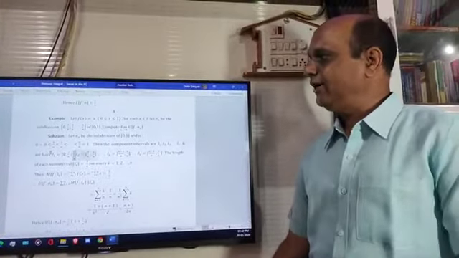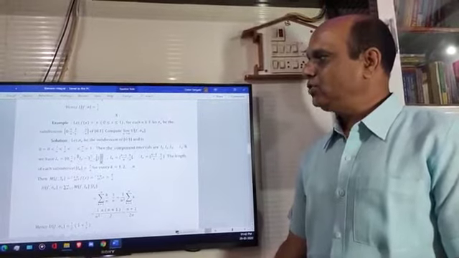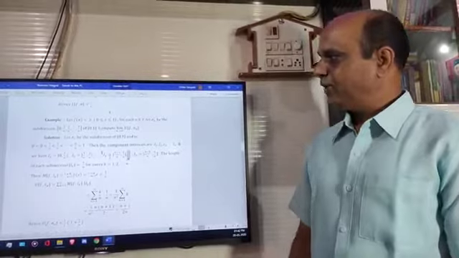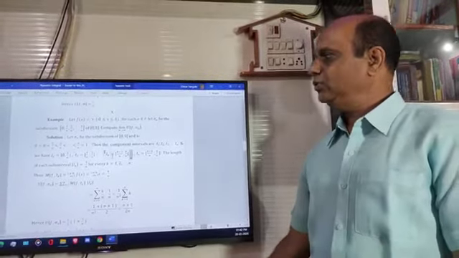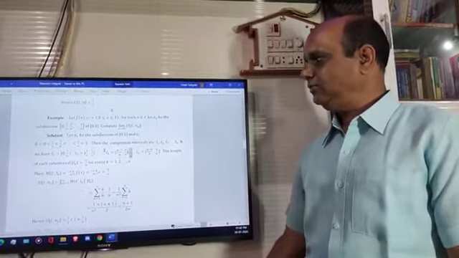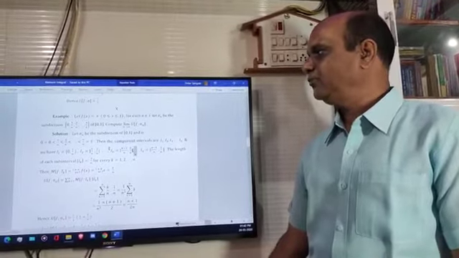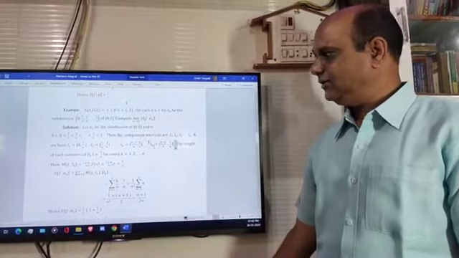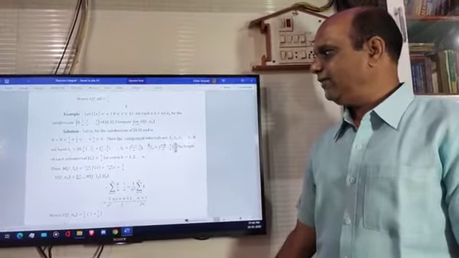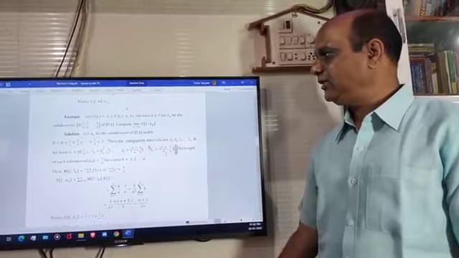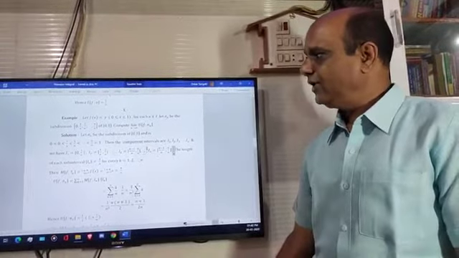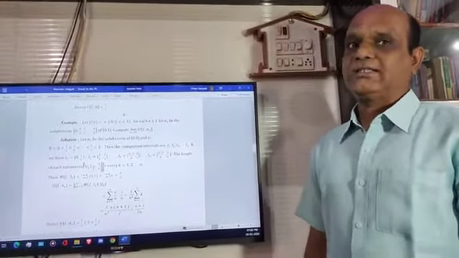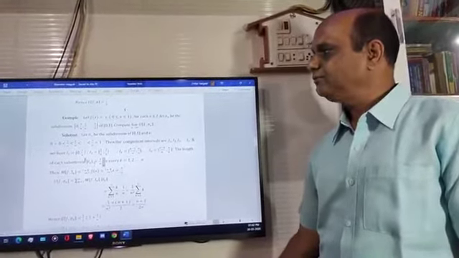The second component interval I2 is the closed interval 1 by n, 2 by n. In this way, we have the kth component interval ik is equal to k minus 1 upon n, comma k upon n, and so on. We define the nth component interval In as the closed bounded interval n minus 1 upon n, n upon n. And we clearly see that the lengths of all these component intervals are the same, that is 1 by n.